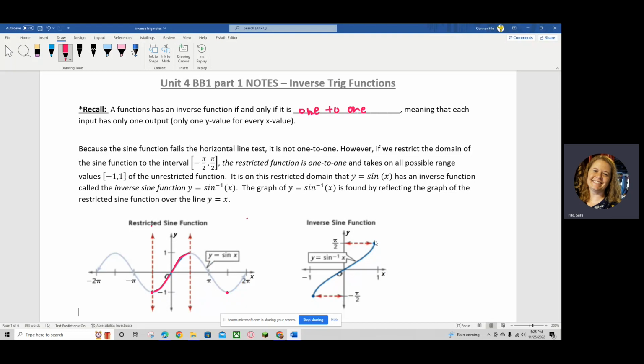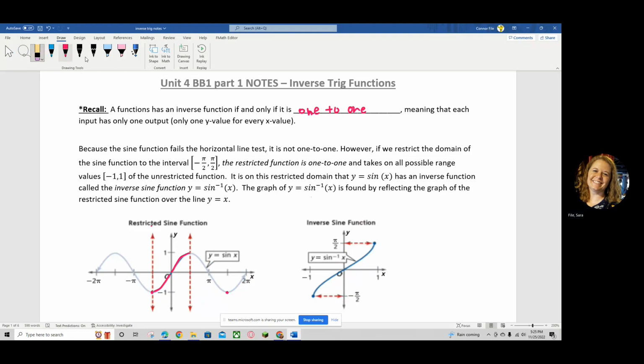And you could see, if this continued, it would come in this pattern here. It'd be that wave going vertically instead of horizontally. So that's pretty much the gist of what this paragraph up here is saying. It's talking about how we have to restrict it so that it is a function.